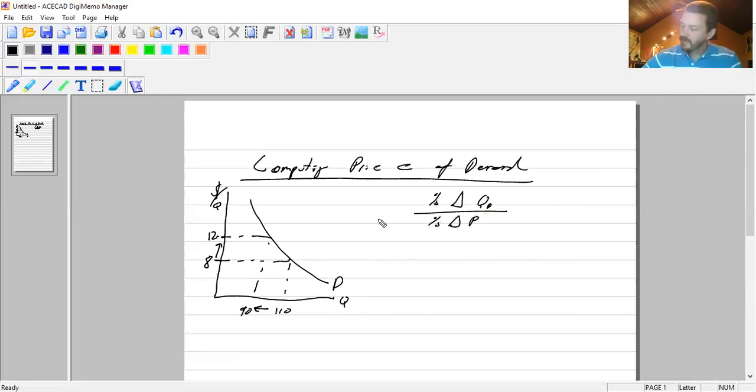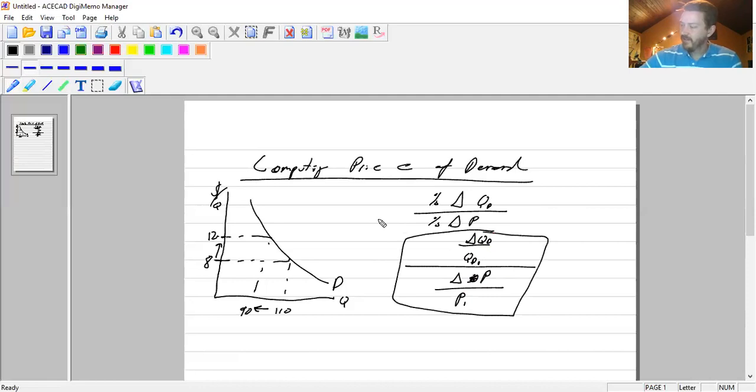Okay, so here the change in quantity demanded is, furthermore, the change in quantity demanded relative to the quantity demanded initially, and then the change in price relative to the price initially. Does that make sense?